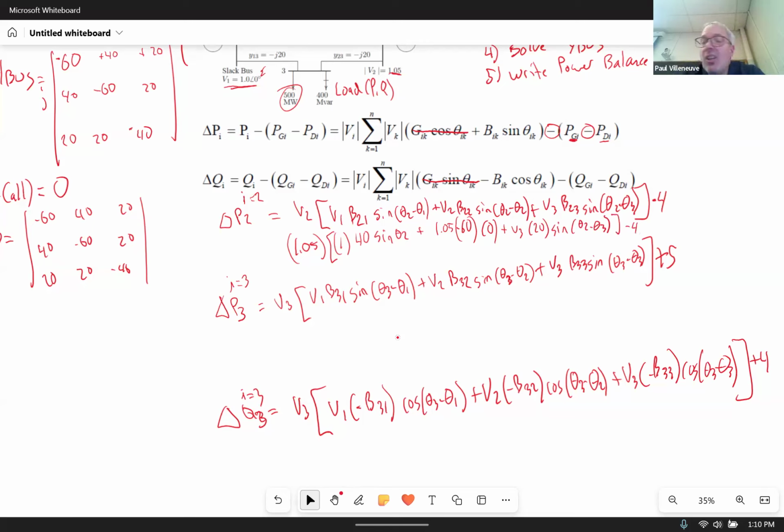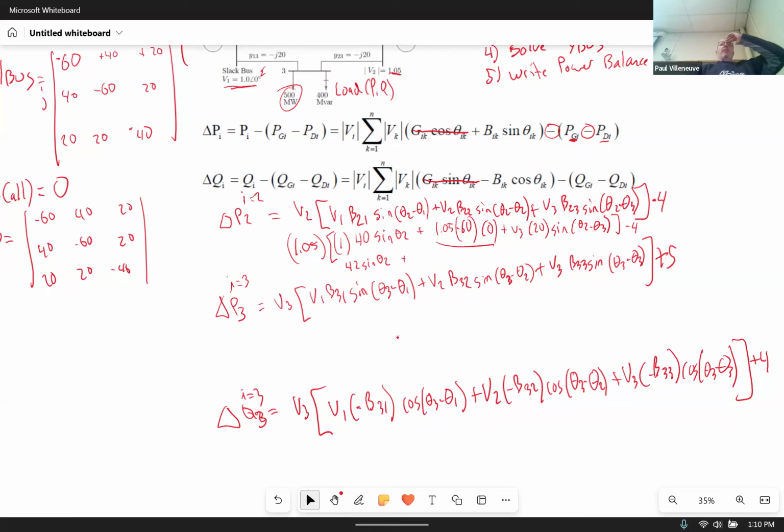So I'll finalize all this up, make it easier. This becomes, let's see, 40 times 1.05. I think that's 42. Sine theta 2 goes away to 0. And then that becomes 1.0. So that's 21.